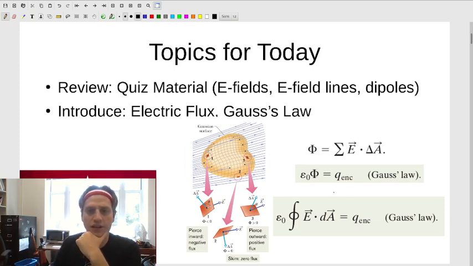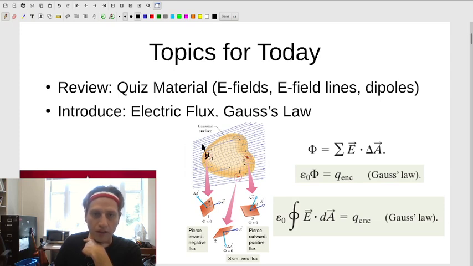Gauss's law is the idea that we can relate the flux through a surface surrounding a charge to the electric field. The flux is the sort of funny thing because you associate each little piece of a surface with an arrow.